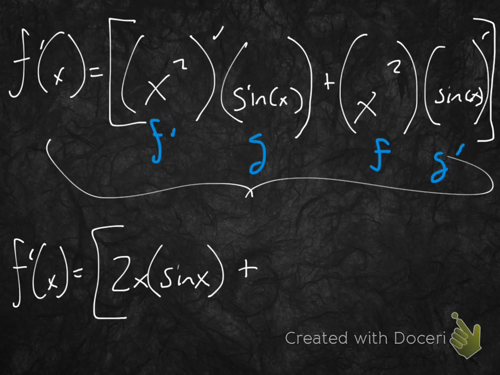Then we're going to be adding this to x squared times sine x prime. Well, if we remember correctly, sine x prime is just cosine x. So it's going to be x squared times cosine of x.